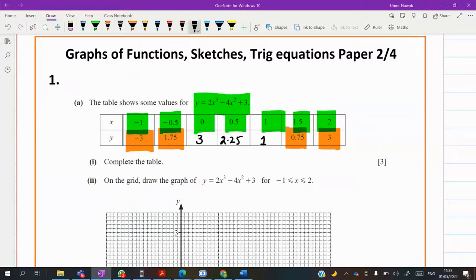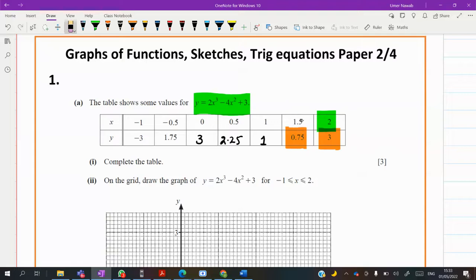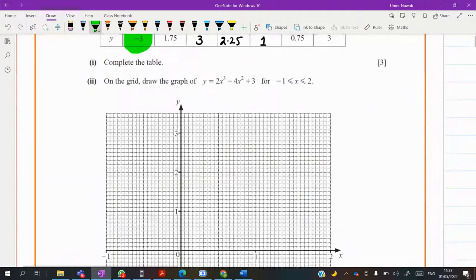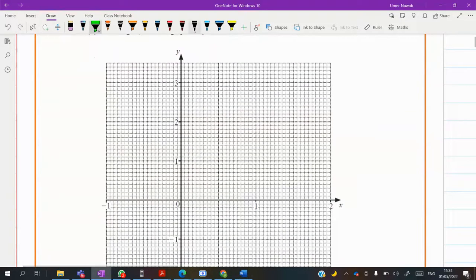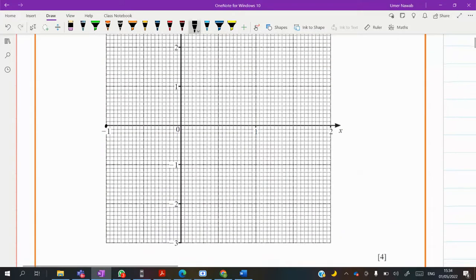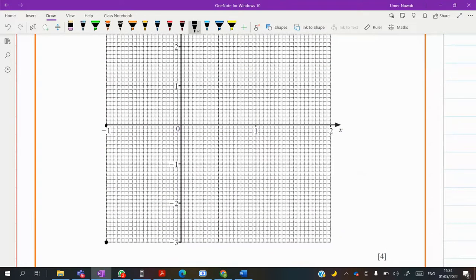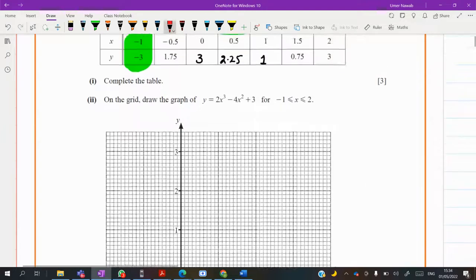Perfect. Now basically we have 7 points. Let me plot the first point, which is -1 and -3. So this is the first point we have, -1 and -3.